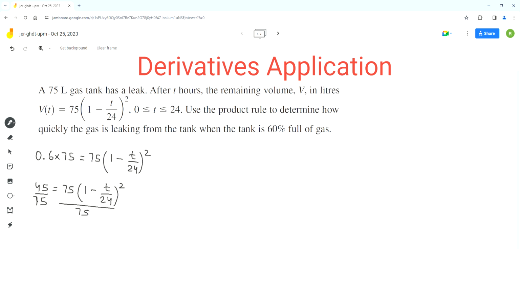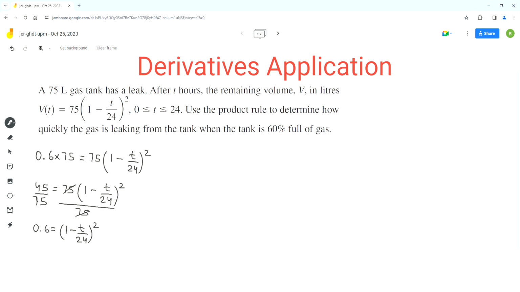So the 75s on the right side cancel each other out, and on the left side we do 45 divided by 75, which is equal to 0.6 equals (1 minus T over 24) squared.